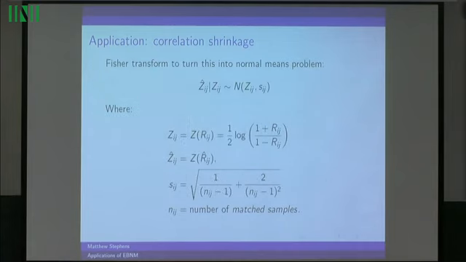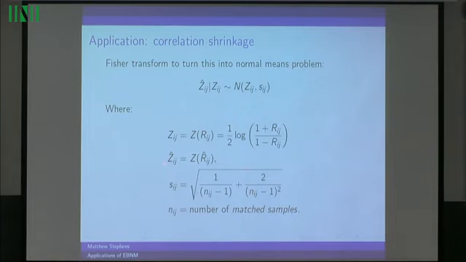So the idea is we can just turn this into a normal means problem, and the way we can do it is to use the Fisher transform. The Fisher transform of the correlation is just this. R_ij is the population correlation between tissue i and tissue j, and R hat_ij is the observed sample correlation between i and j. So we have a Z, which we're trying to estimate, and a Z hat.